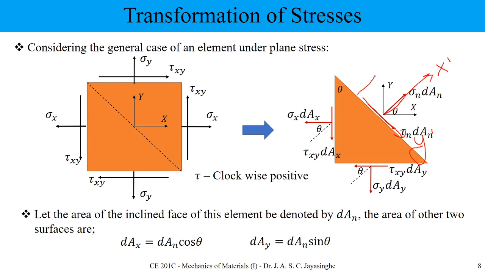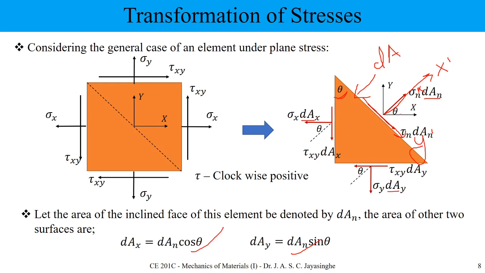Think about this area dA, this area dAx and this area dAy. You have stresses, and to get forces you need to multiply by area. Since this is a right triangle, you can define dAx and dAy using this theta.